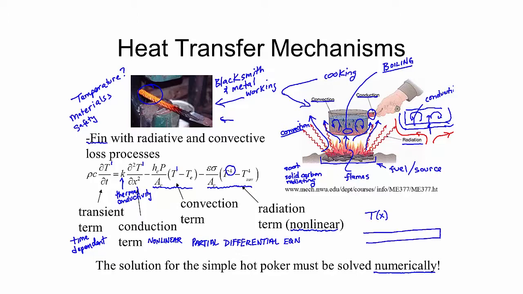So if we looked at this hot piece of metal and we said that there's a coordinate system x that comes off of it, we would know, for example, that perhaps this thing is 800 degrees on one end of it and might cool down to, for example, 100 degrees on the other end, and we'll know what the whole distribution of temperature along this would be. So the benefit of our having tools to quantitatively evaluate systems like that is extremely powerful.